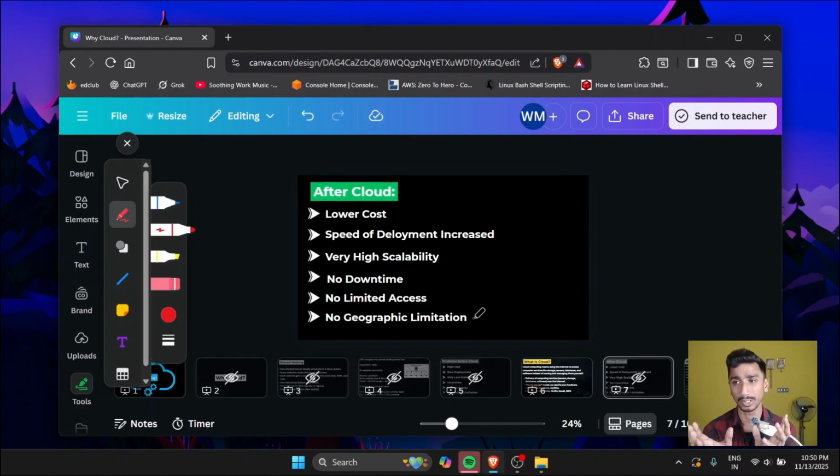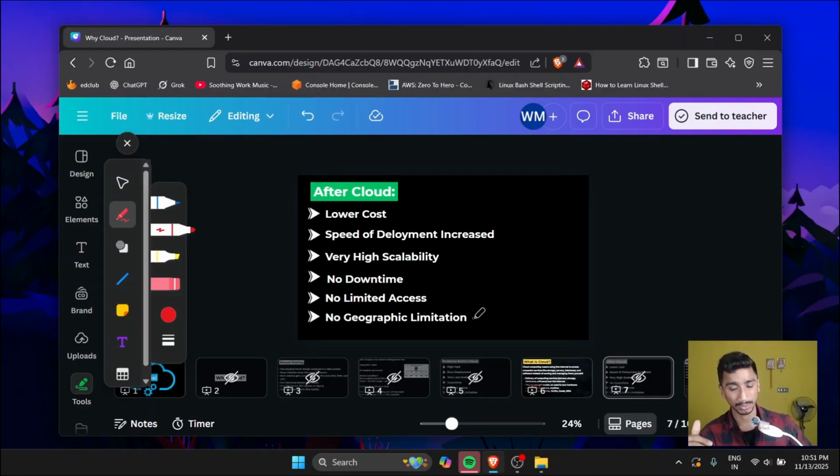All of the servers are placed in a variety of regions. Not every country, but every continent, because in Russia there is no server. In Africa there is only one server, which is situated in South Africa only.